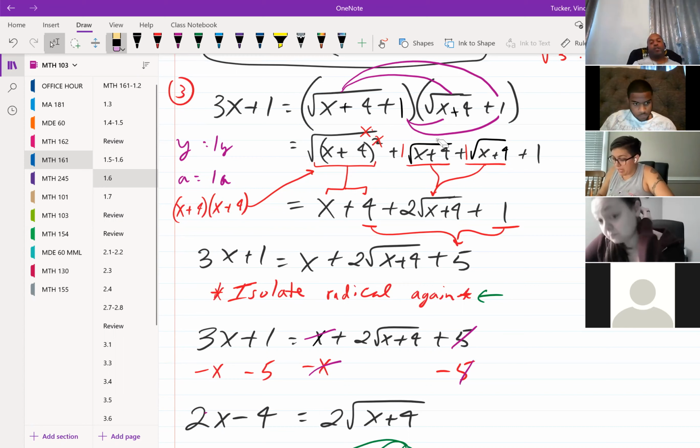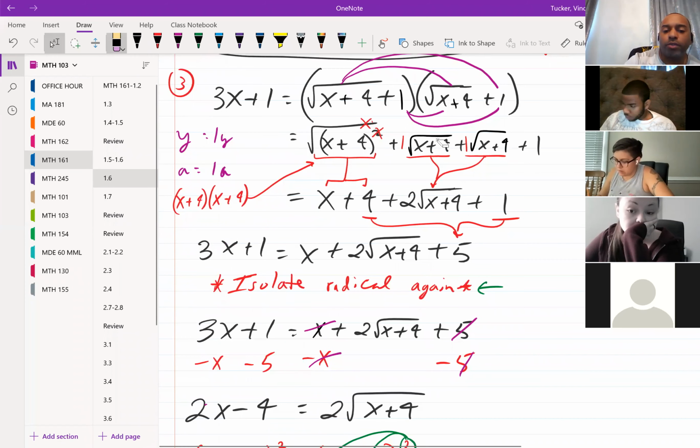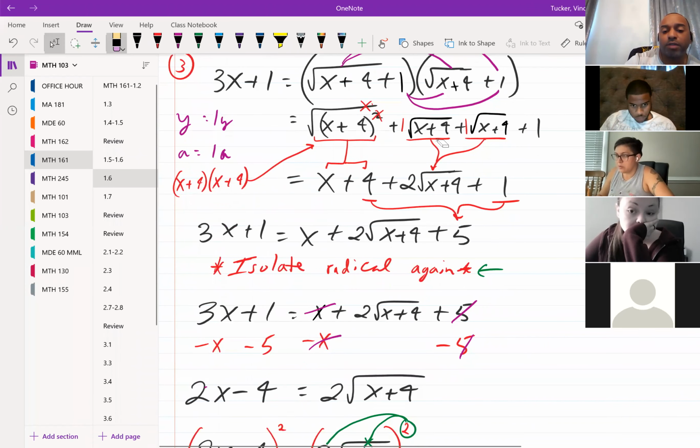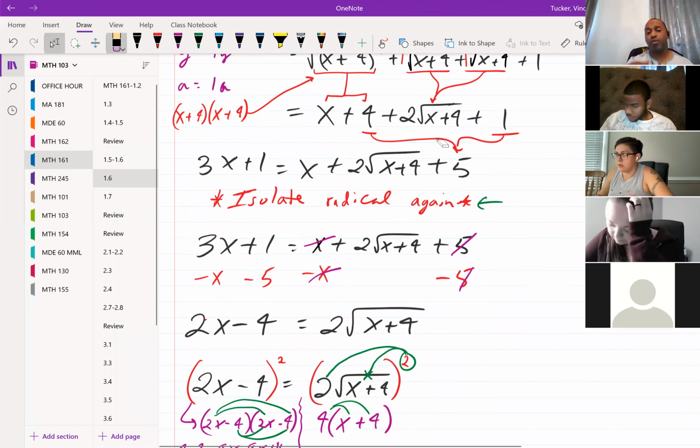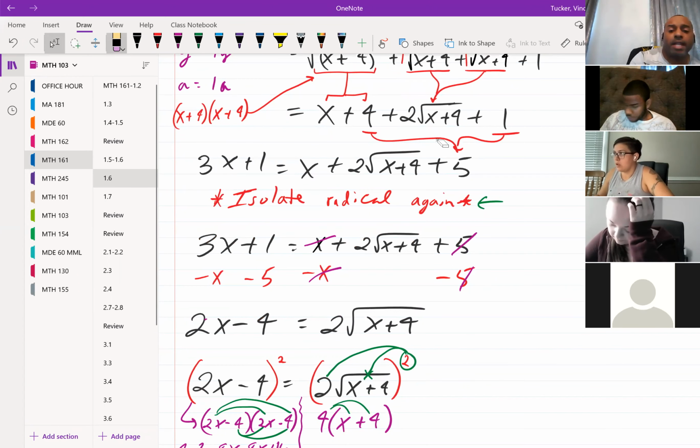So now at this point, you could divide by 2 to reduce, but what I'm going to do is square both sides first, just to emphasize something in the process that you may come across. Whenever you square a radical and it has a number sitting out front, you have to square both parts. That 2 and that radical has to be squared.